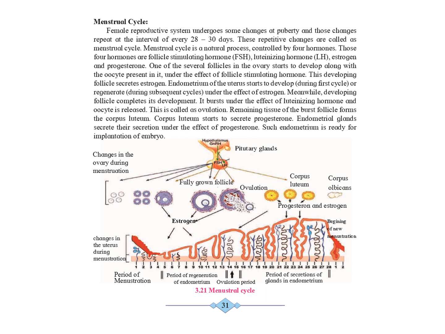If the oocyte is not fertilized within 24 hours, the corpus luteum becomes inactive and transforms into corpus albicans. Due to this, secretion of estrogen and progesterone stops absolutely. Endometrium starts to degenerate in the absence of these two hormones.